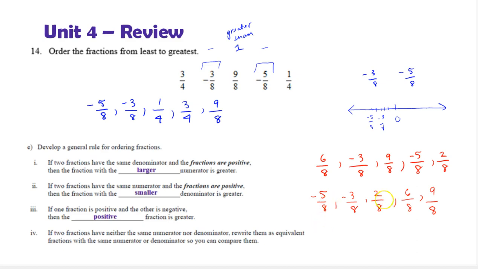So we had changed 2/8 was 1/4, and we changed 3/4 to 6/8. So we would rewrite our lists in the original form. So you can see this takes a little more time, but I wanted to show you this way because if you get stuck, this always works. Sometimes it might be harder to reason this way, but you can see it's a lot quicker.